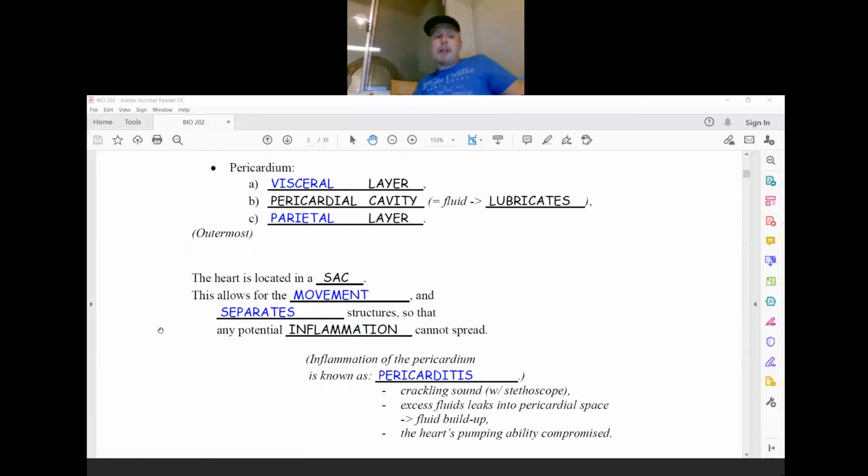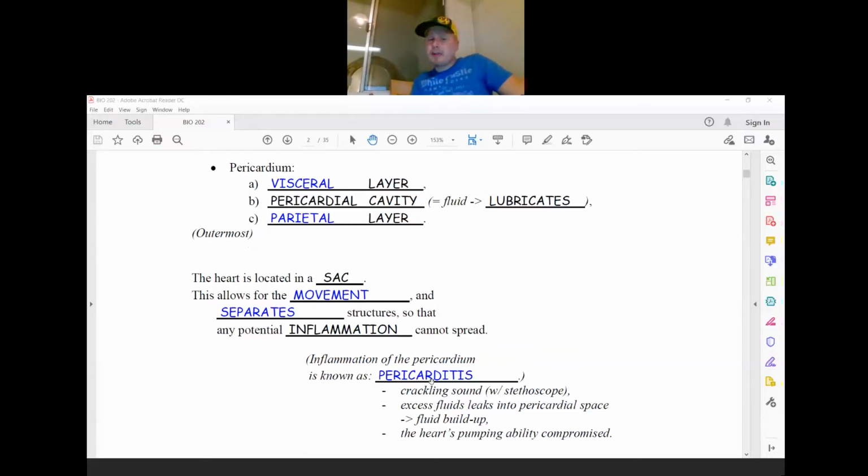Often the reason for this separation is also to prevent any inflammation from spreading from one body compartment to another. So by enclosing the heart in the sac, we keep any inflammation that might be outside the heart from reaching the heart. Or alternatively, if the heart gets inflamed, that inflammation doesn't spread to the other parts.